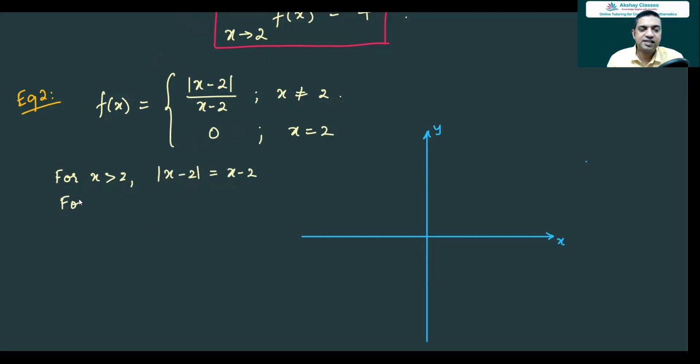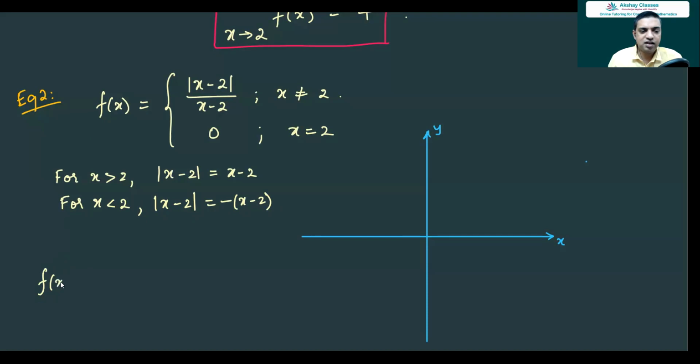Now for x less than 2, modulus of x minus 2 will be equal to, tell me, yesterday we discussed this, modulus of x minus 2 will be equal to negative of this. Yesterday we discussed mod of x when x is negative is equal to minus x. So clear?